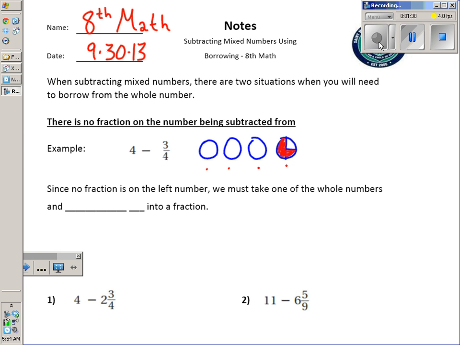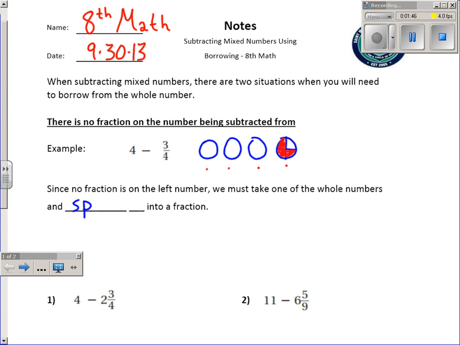So to list that out with our steps, since no fraction is on the left number, we must take one of the whole numbers and split it into a fraction, which we did right above.